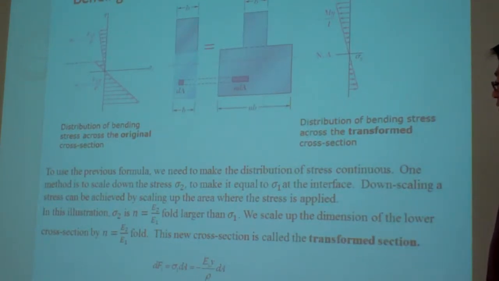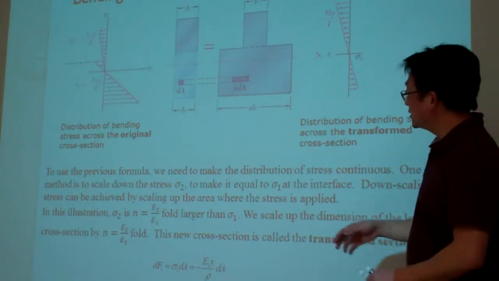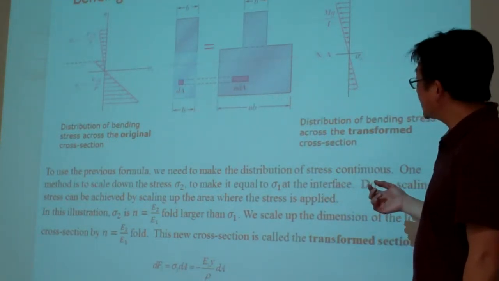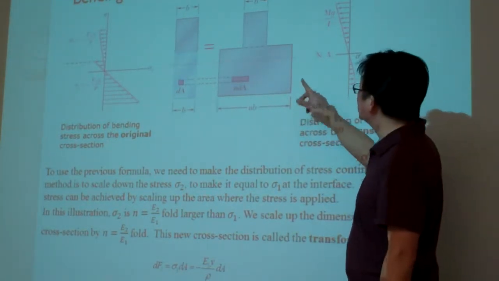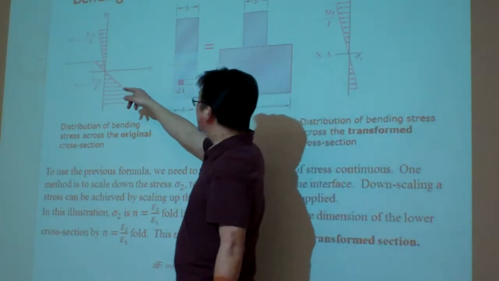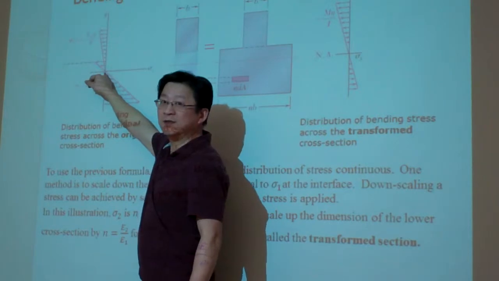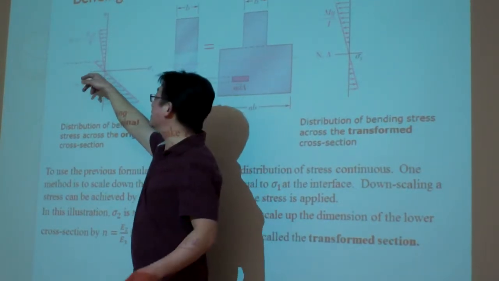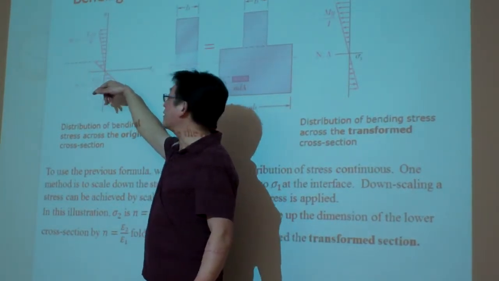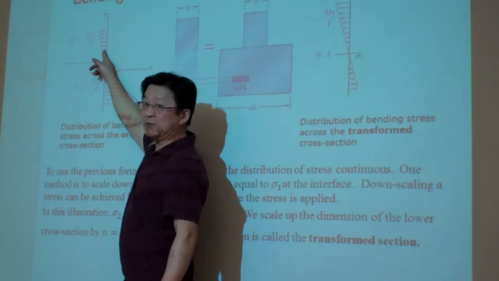And probably we can try this. Here I can give a very quick summary. Basically, we decide we want to transform the lower portion. And in your calculation, you can decide either way. You can decide to transform the upper portion.